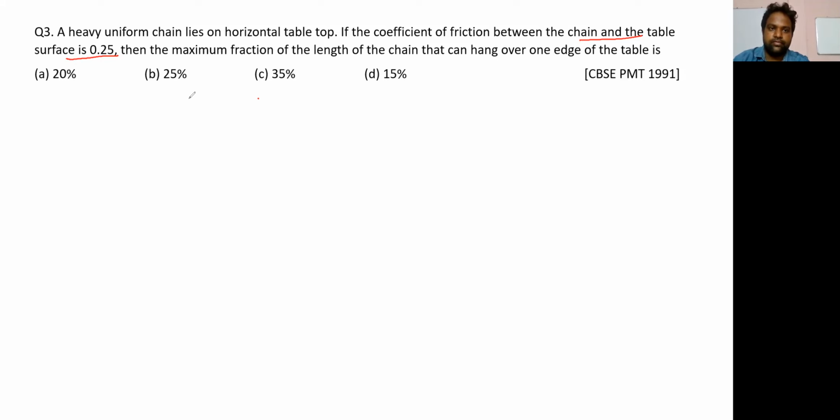A uniform chain lies on a horizontal table. Okay, so suppose this is a horizontal table and a chain lies on it, you can imagine, and it is hanging.